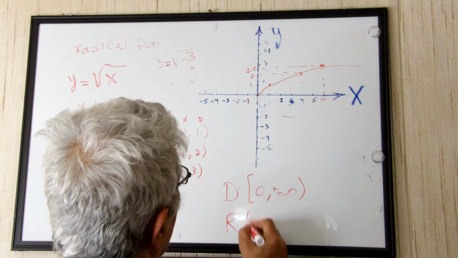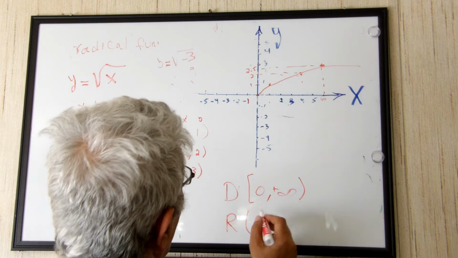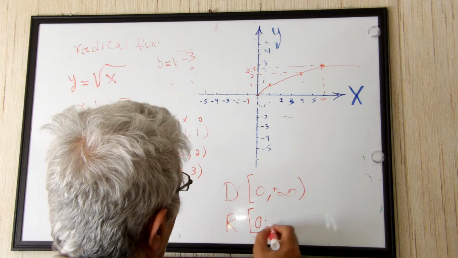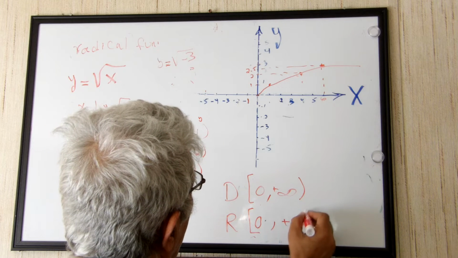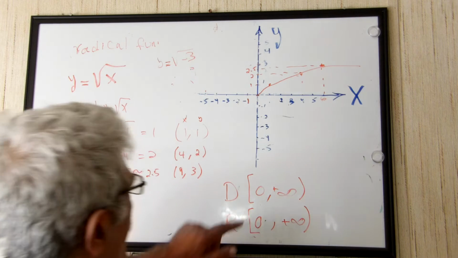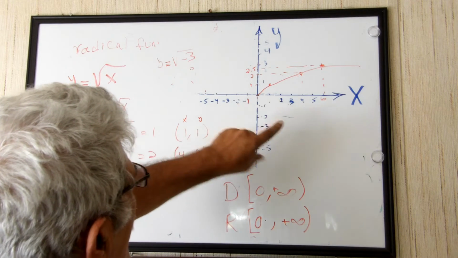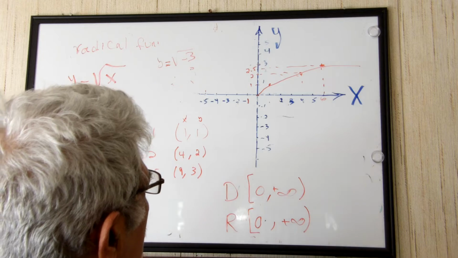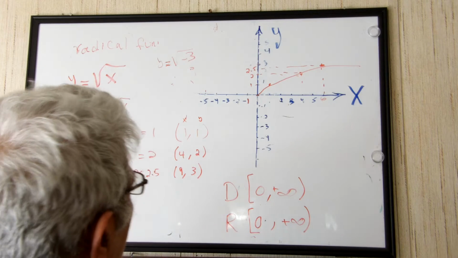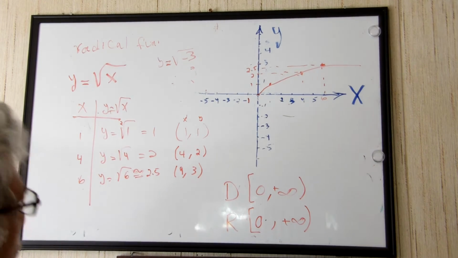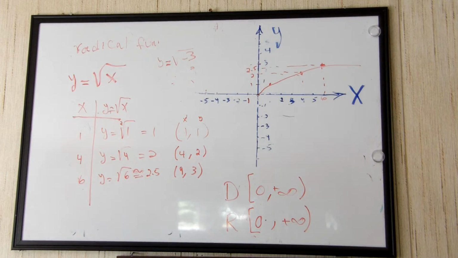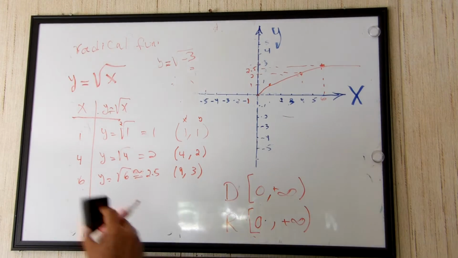So the range is going to be from 0, which includes 0, up to plus infinity. From the lowest value that y can get to the highest, which is plus infinity. So this is the domain and range and how to graph this one.